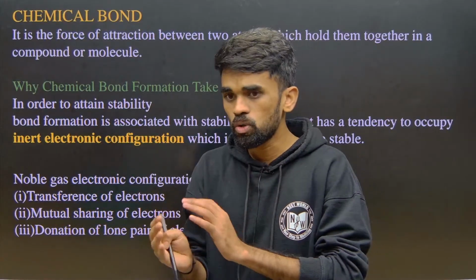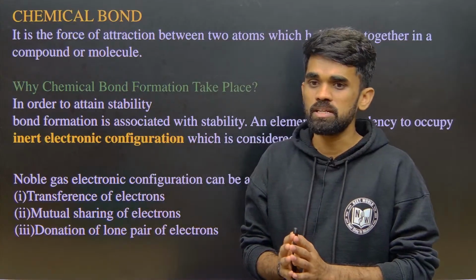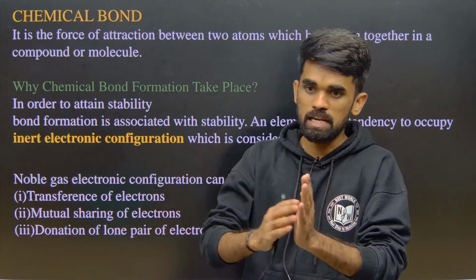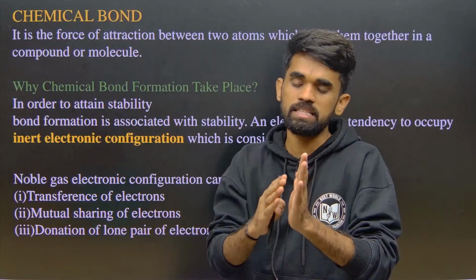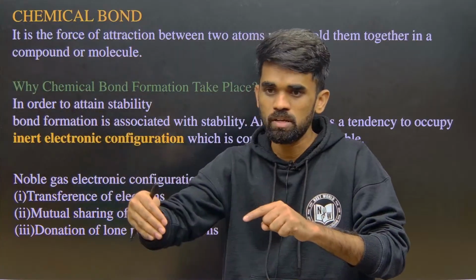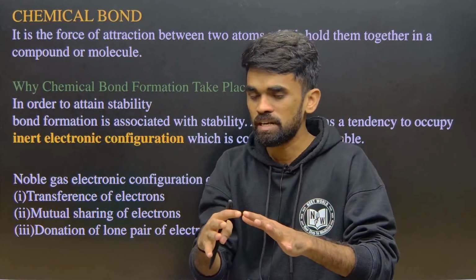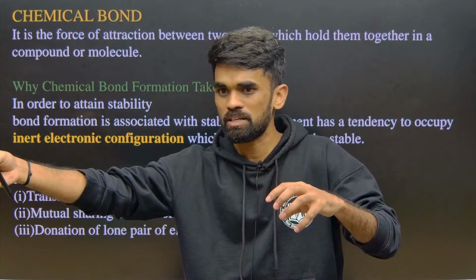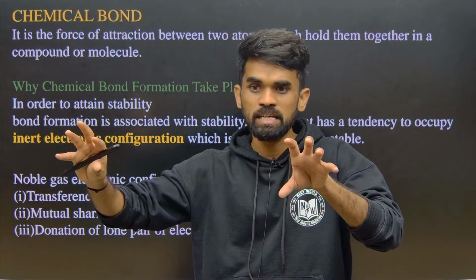Now, during chemical bond formation there are different ways. One atom may lose electrons and some other atom requires that electron. So bond formation can take place by losing of electrons and by gaining of electrons, and we have resulting ions.